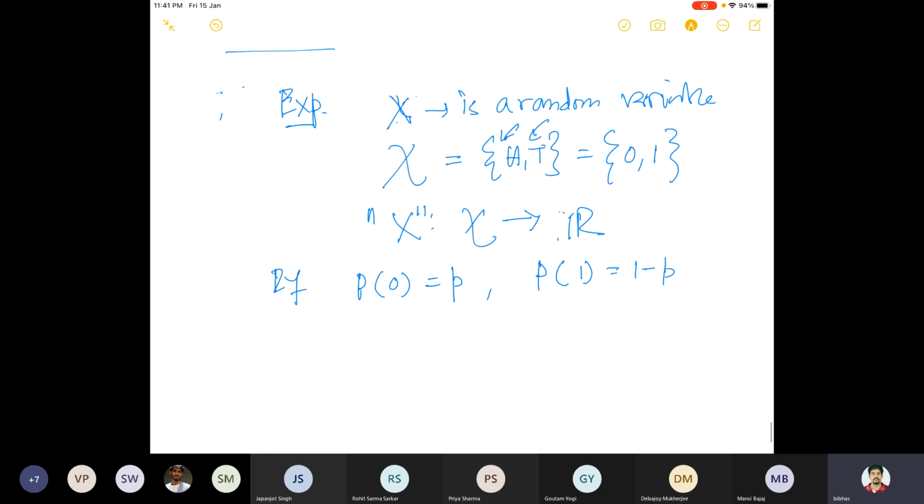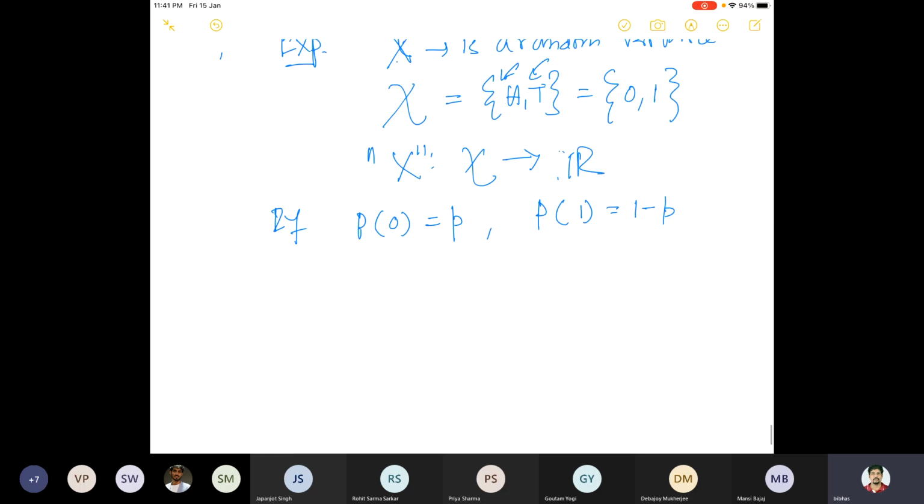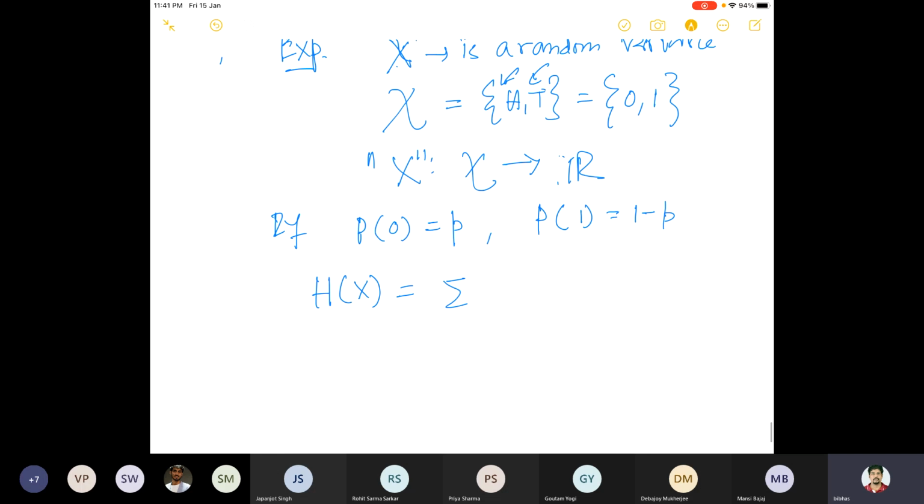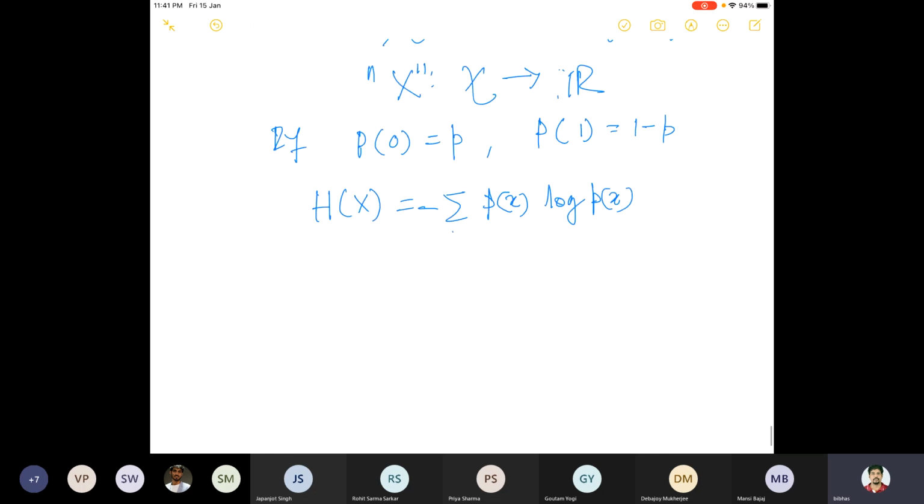If we consider this very simple example, then what is the entropy of X in terms of bits? So this will be minus summation over x of p(x) log p(x), where x equals head or tail, or 0 or 1.